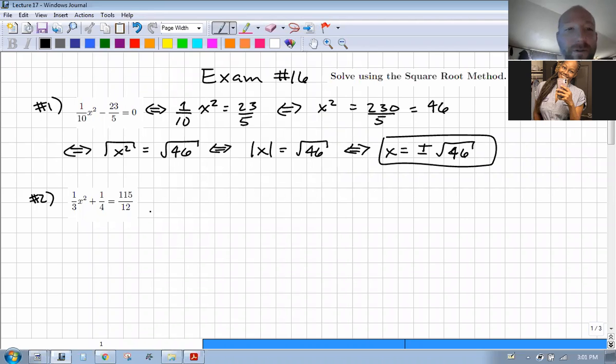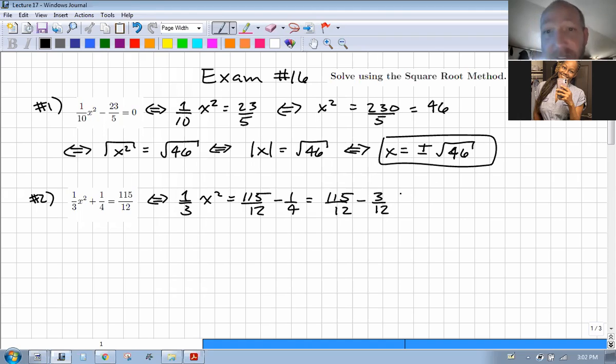All right, for number 2, the same trick here. 1/3 x squared. We're subtracting 1/4 from both sides, right? So let's go ahead and simplify this fraction over here. 1/4 is 3/12. We multiply the top and the bottom by 3. So this gives us 1/12 over 12, which I guess we can simplify.